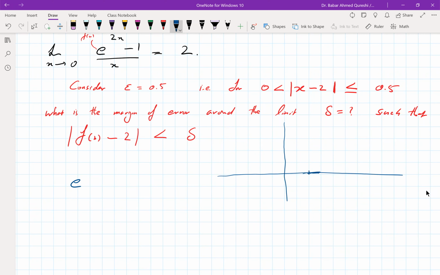So 1 over x has this kind of graph, and e to the x has this kind of graph. At x is equal to 0, you have a 1. This kind of graph, and you are just shifting it over here.